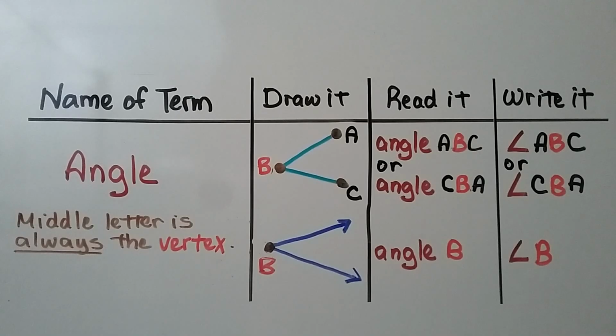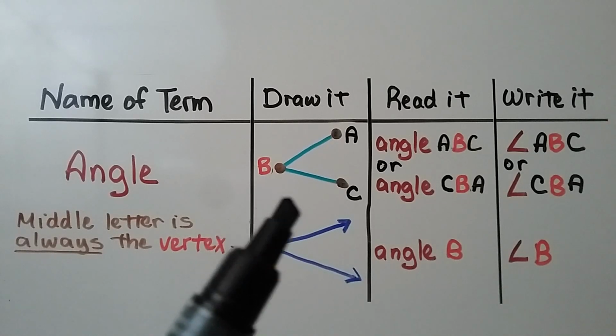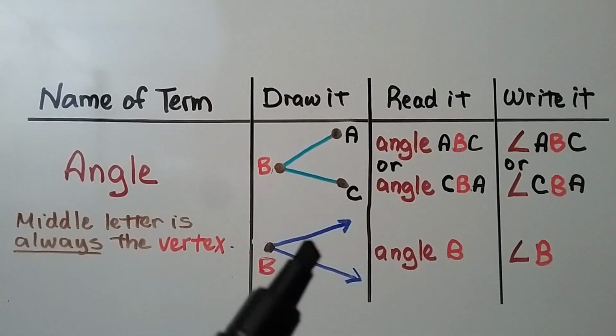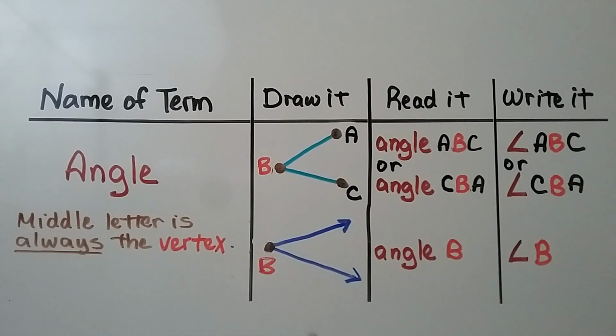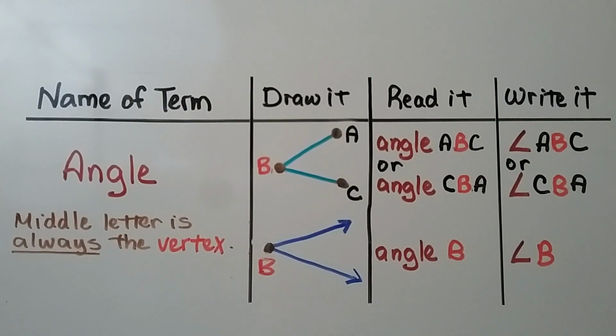For an angle, the middle letter is always the vertex, we would draw it like this. Here it's drawn with 2 line segments. Here it's drawn with 2 rays. And we would read this as angle ABC, or we could go the other direction and say angle CBA.